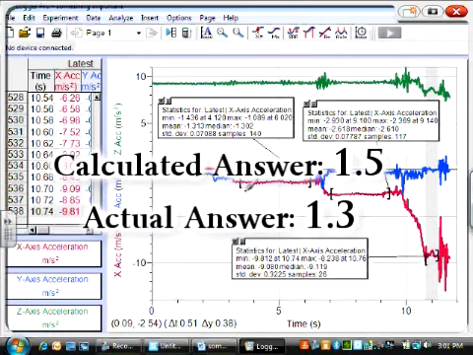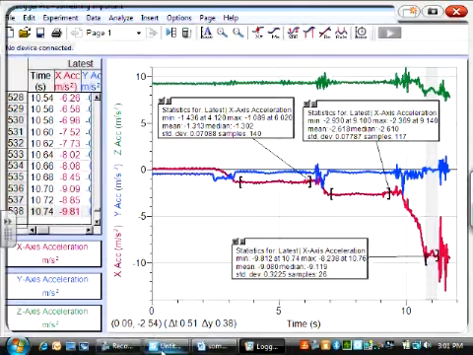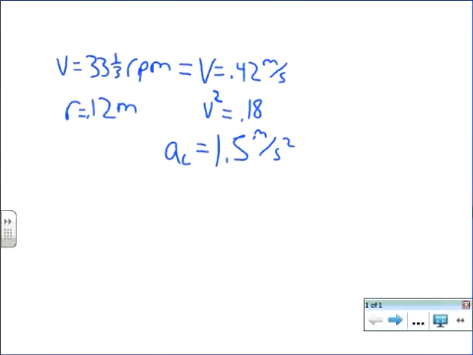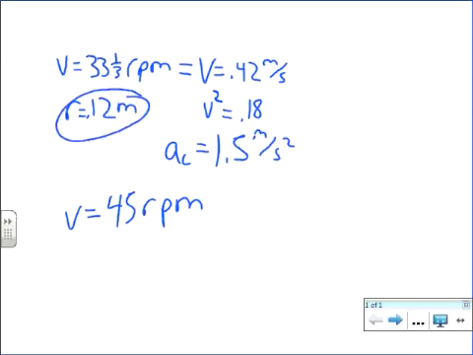So if we go back to our calculations, our next speed was 45 RPM. And again, the radius will always be 0.12 meters. Calculating out into meters per second, we get about 0.57 meters per second.